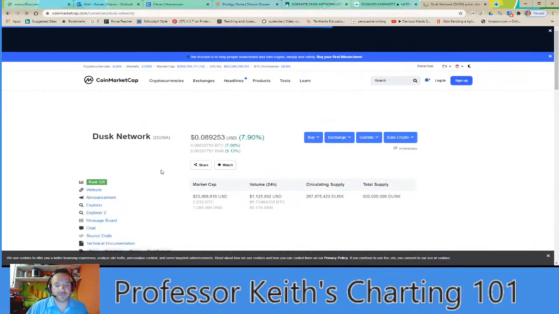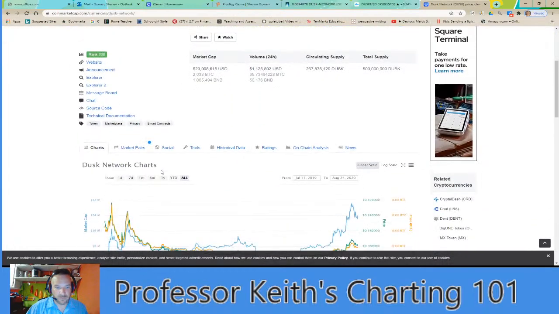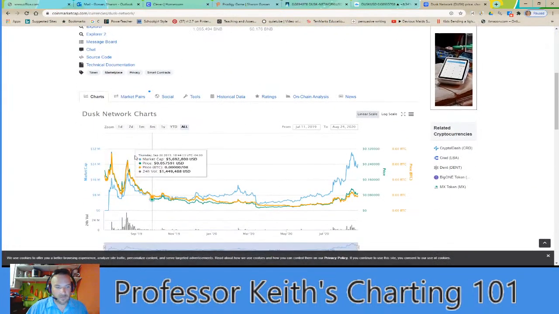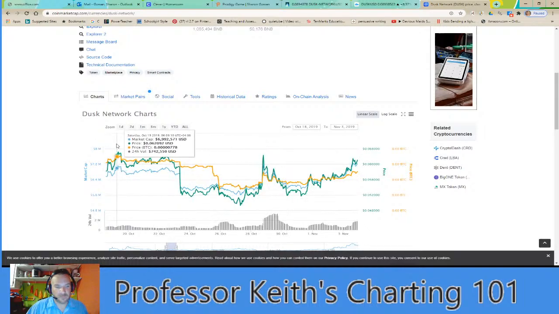CoinMarketCap has all this stuff listed for anyone who's wondering. It shows an all-time high on Dusk of... you see, it only shows an all-time high of 23 cents. Yeah.